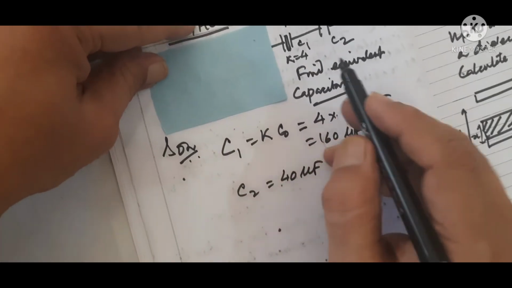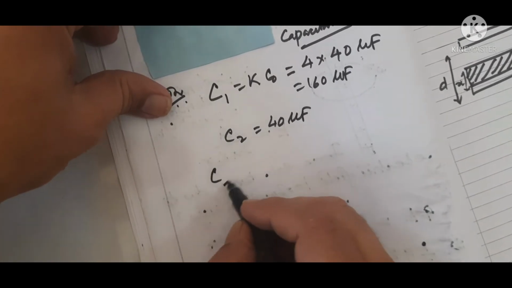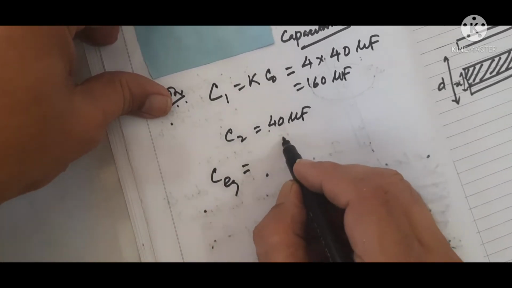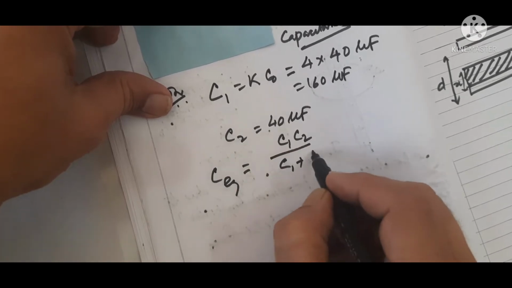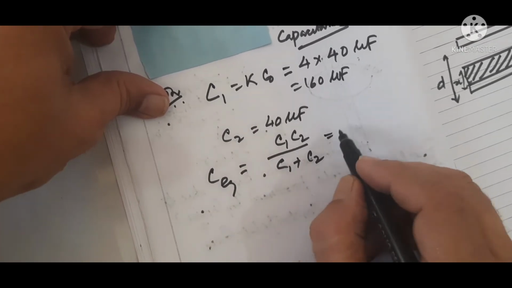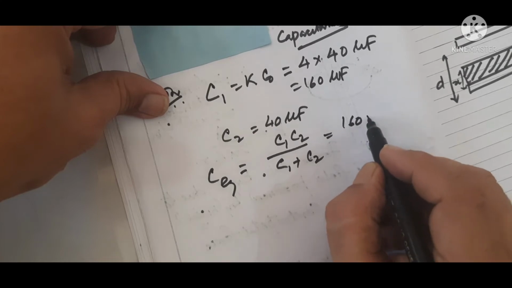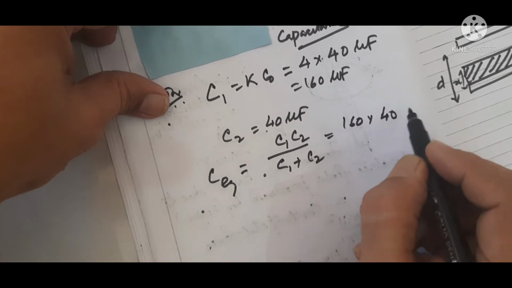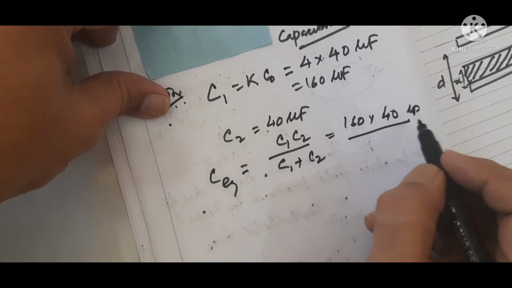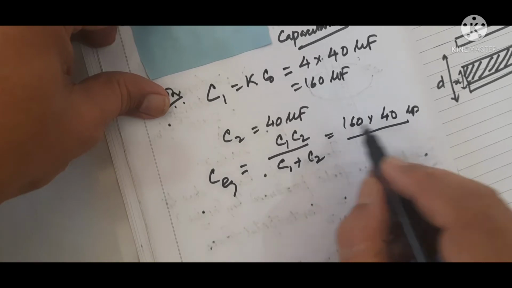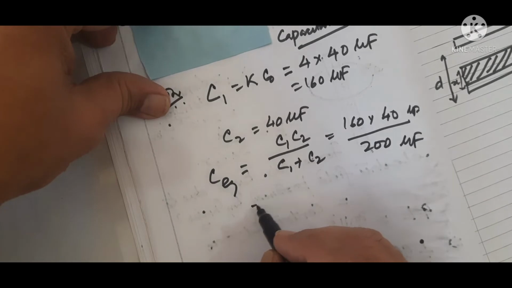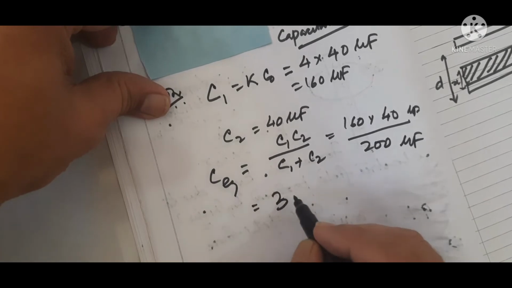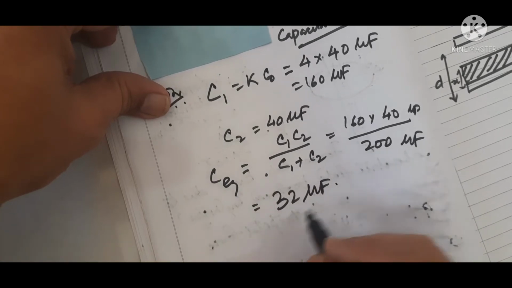These two are connected in series, so the equivalent capacitance will be C1 C2 by C1 plus C2. Putting the values, 160 into 40 by 200 microfarad, by calculation 32 microfarad is your answer.